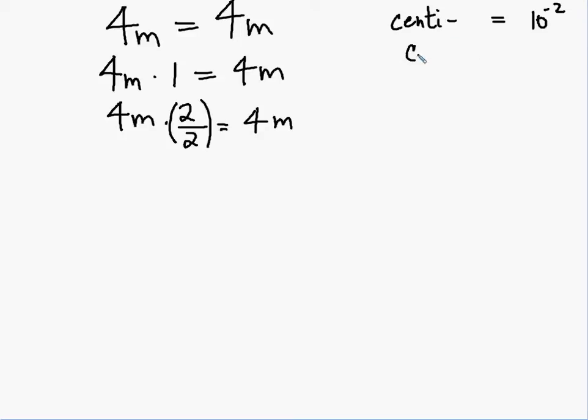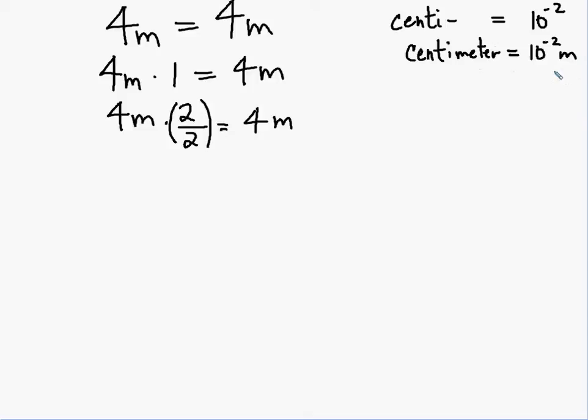So in the case of a centimeter, that's 10 to the minus 2 meters. Centi, 10 to the minus 2. So a centimeter is 10 to the minus 2 meters. That's logic. If it's a prefix and I put it in front of something, I have to take that value and put it in front of the same something on both sides of the equation so it's equivalent.